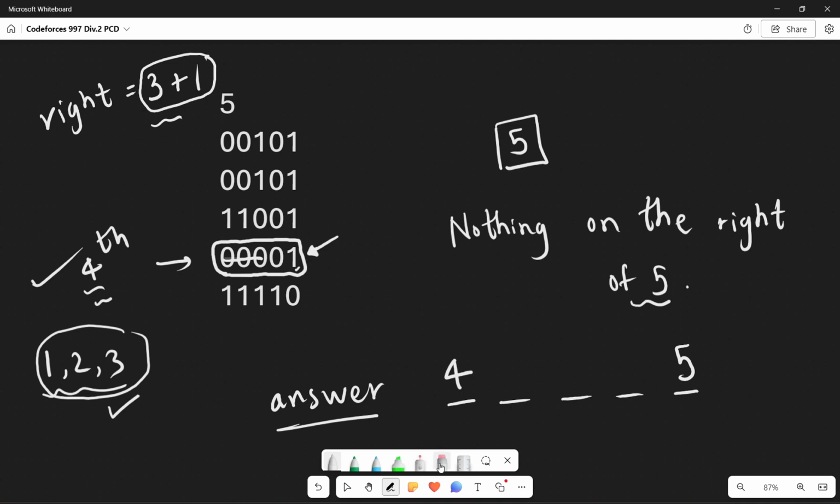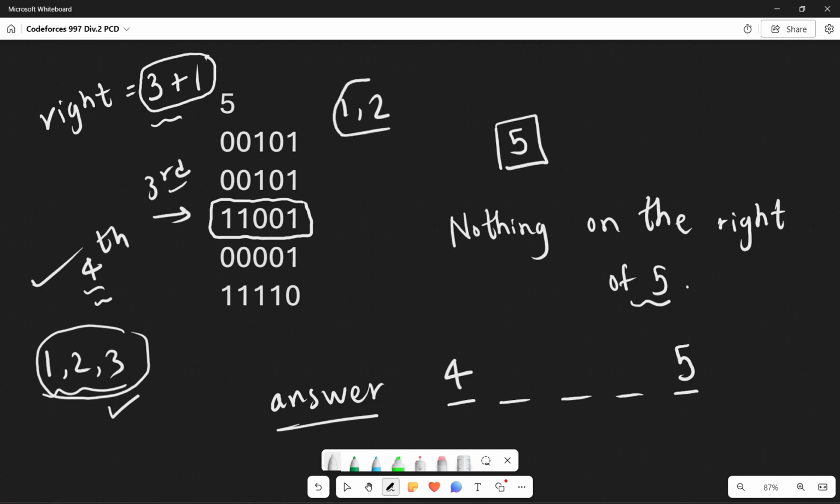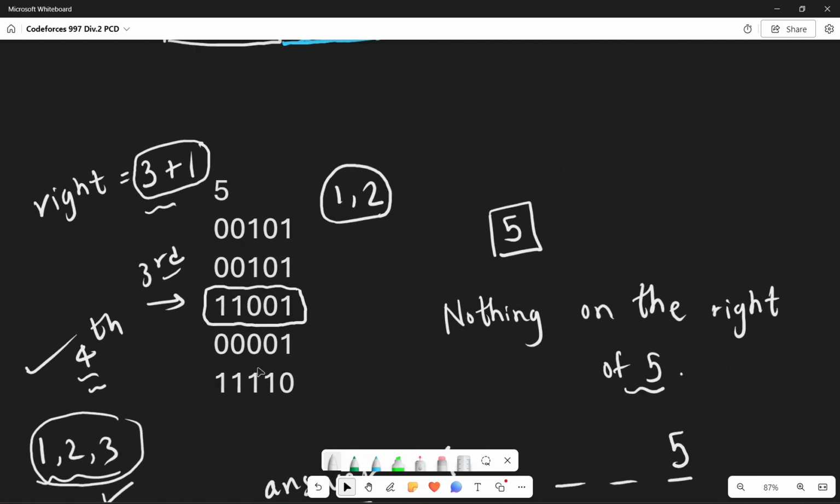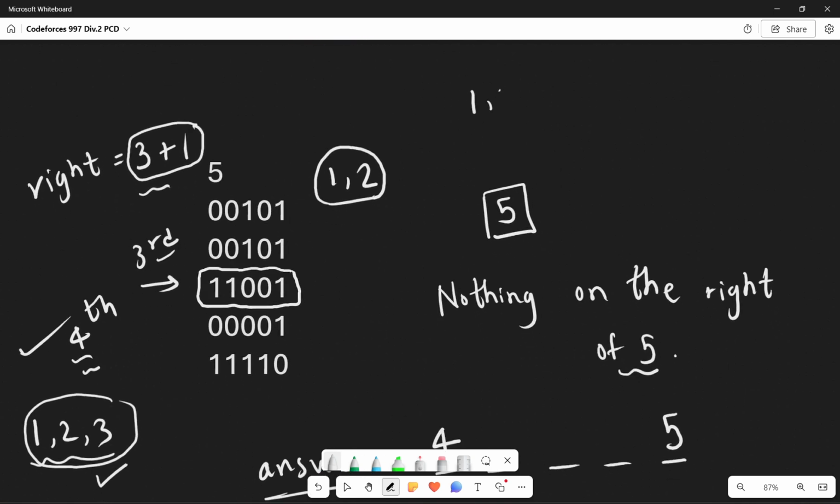So let us climb up in the matrix. Let us check the values 1 and 2, as we are checking the third row. It is 1 and 1. So there exists an edge between 1 and 3 and between 2 and 3.